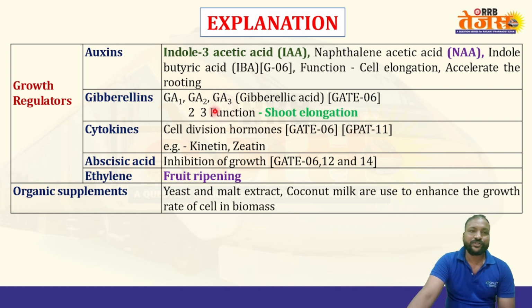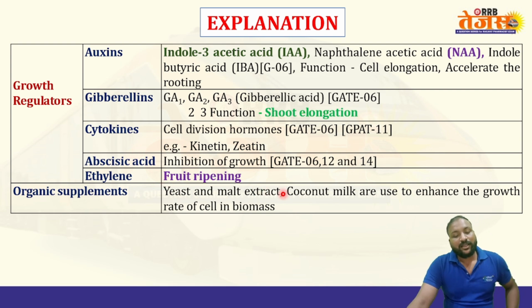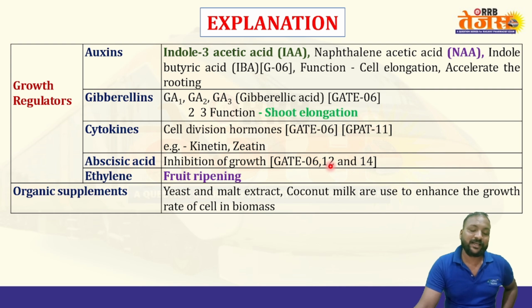GA1, GA2, GA3, and the function is cell elongation. In GATE 2006 and GPAT 2011 we got questions on cytokinins, and in GATE 2006, GPAT 2012 and GPAT 2014 we also got questions on abscisic acid, especially from plant growth regulators. So it's an important topic, so do remember.